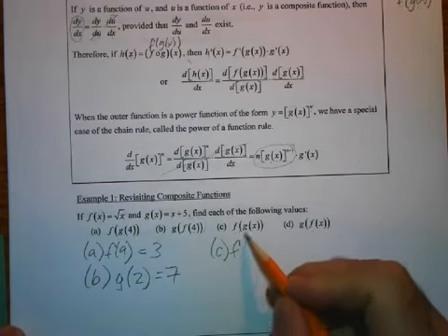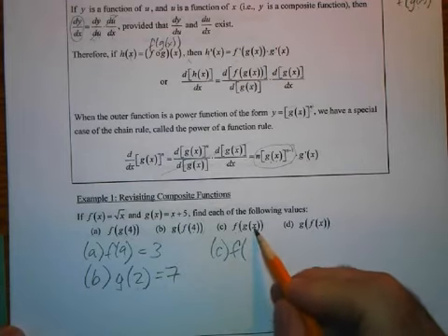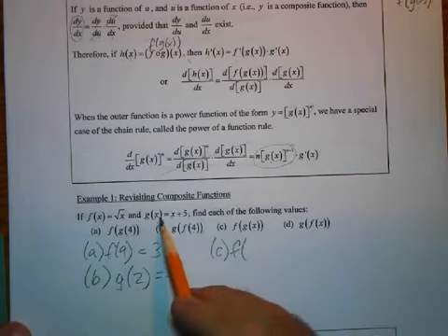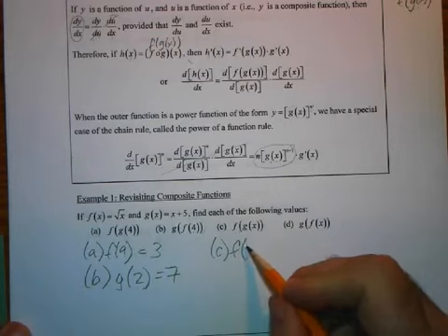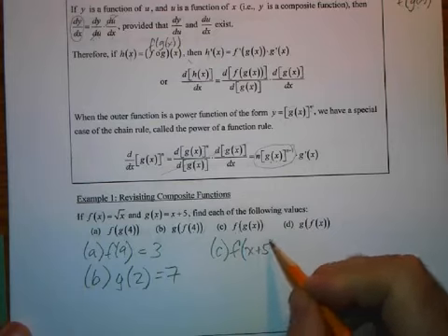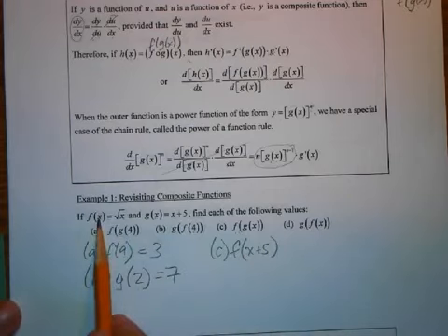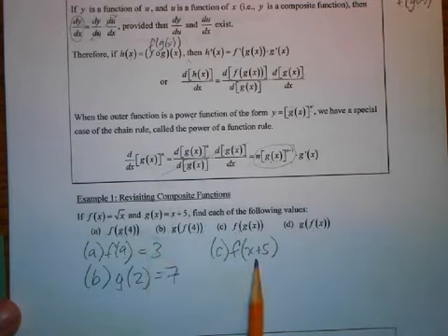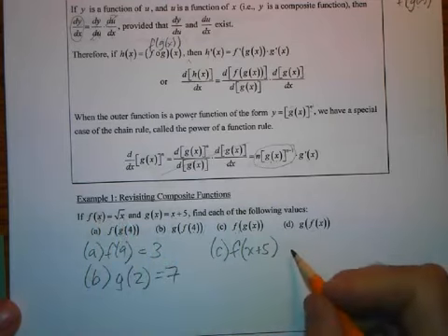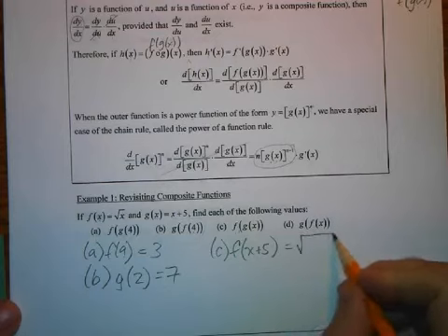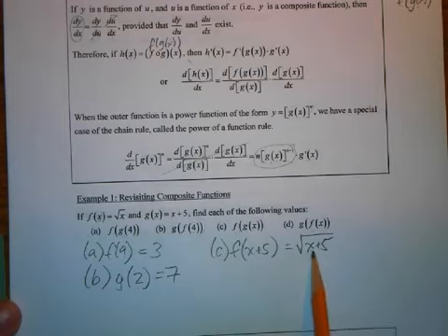I'm just going to rewrite f of g of x, but I'm going to put the value of g of x inside the brackets. g of x is x plus 5, so I'm looking at f of x plus 5. Basically I go to the function f, and instead of using x as input, I'm using x plus 5. So the x plus 5 goes under the square root sign, and that will be f of g of x, the square root of x plus 5.